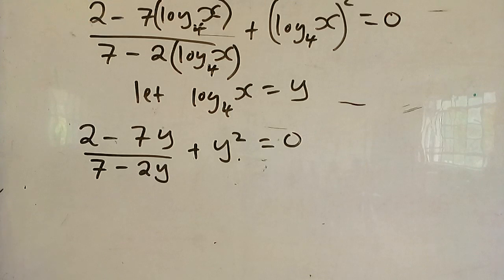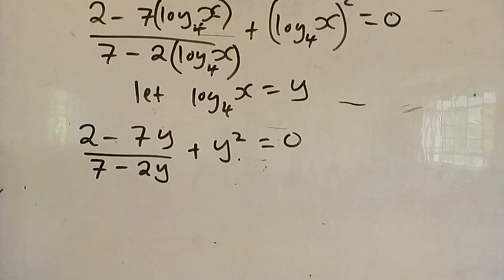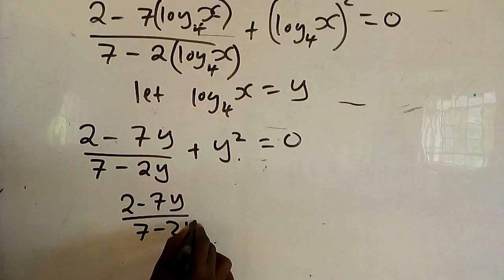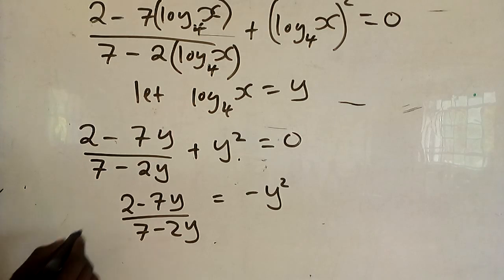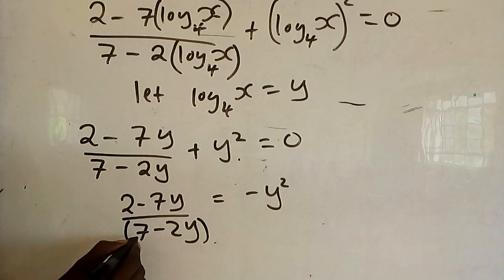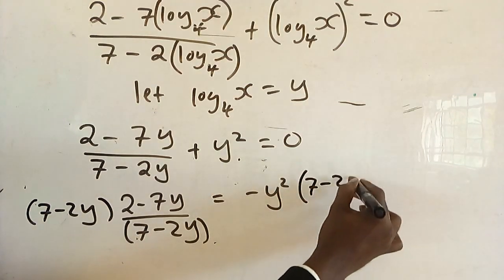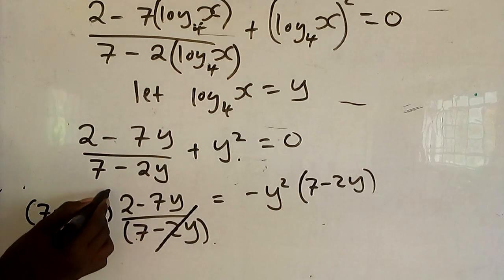The next thing is to get rid of the denominator. You can start by taking the y squared to the other side to make it simpler. So we get 2 minus 7y over 7 minus 2y equals negative y squared. Then we multiply both sides of the equation by 7 minus 2y, so this cancels out with that.